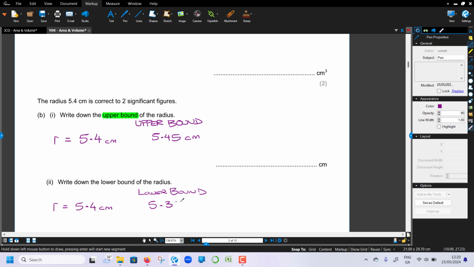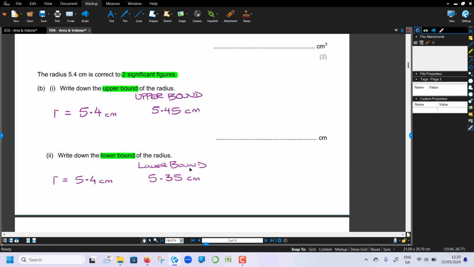We're going to reduce this by 1 down to 3, and we just stick a 5 at the end. And that's your lower bound. Cool. So the whole thing was this, all right? Now, as I said, that might not always work, but it does work for this.